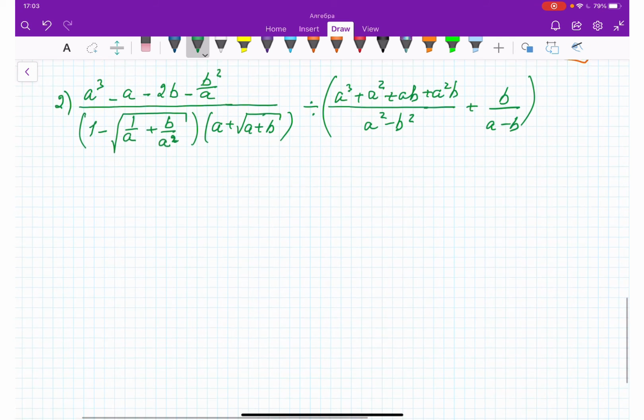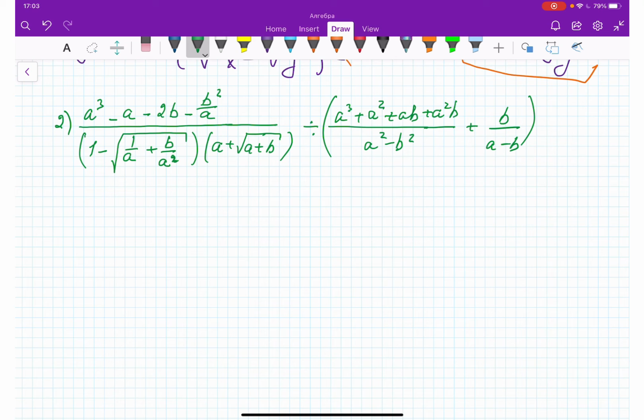All right, and we need to simplify and calculate. This is when a is equal to 23, b is equal to 22.